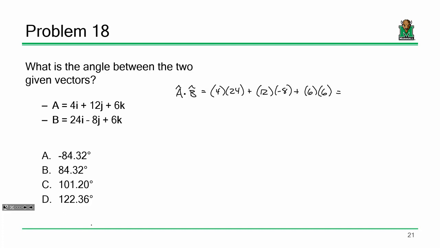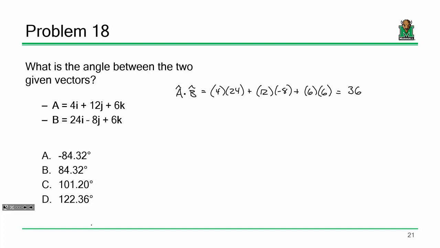Now, the first one's 96, this one's negative 96, so they cancel, and that just gives us a value of 36, right? Okay. Now, we also need to get the magnitude of A and the magnitude of B.